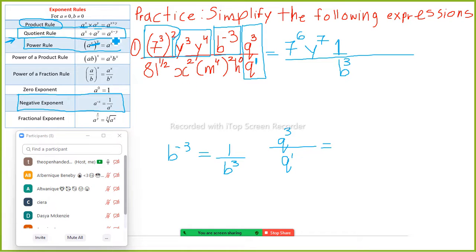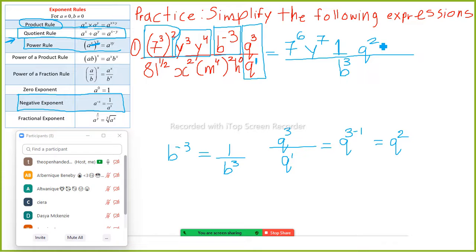So how do we apply the quotient rule? We have to subtract the powers, right? So it's going to be q to the power of 3 minus 1. It's going to be equal to q to the what? 3 minus 1 is what? 2. Excellent. So this is going to be q squared.